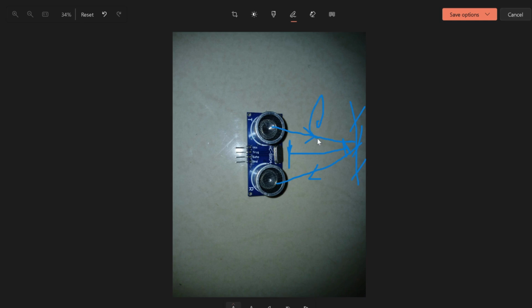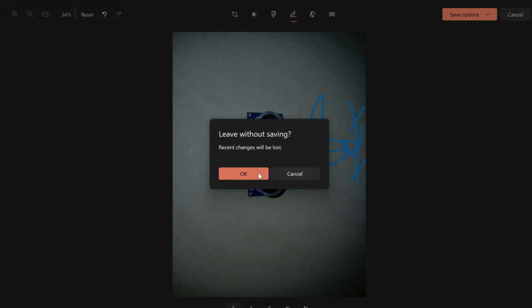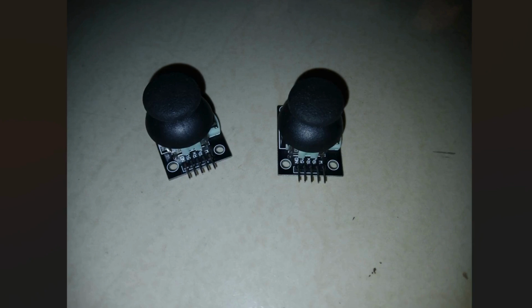Then it divides by 2, and according to that it gets to know where the wall is. So it is basically used for sensing the distance between the wall and itself.